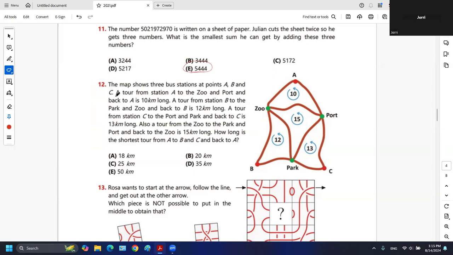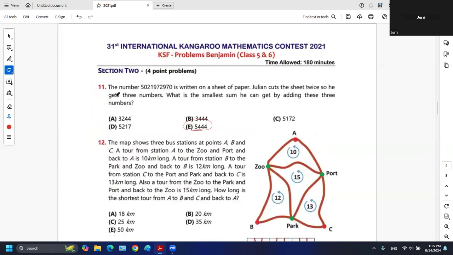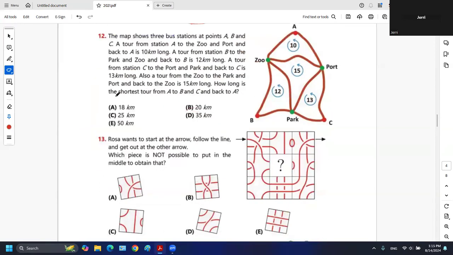Question number 12. The map shows 3 bus stations at point A, B, and C. A tour from station A to the zoo and port and back to A is 10 kilometers long.